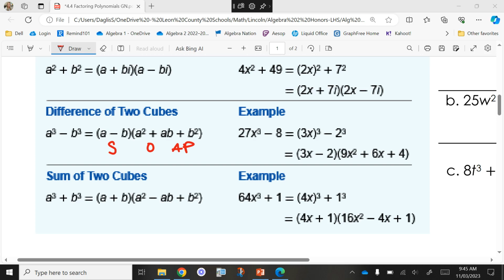If it's a sum of two cubes, your first sign is the same. It's a plus b. Then it's a squared minus ab. That's the opposite. Your last sign is always positive. Okay, so a, b, a squared, ab, b squared. That pattern is always there. And then the signs come from what the original sign was.